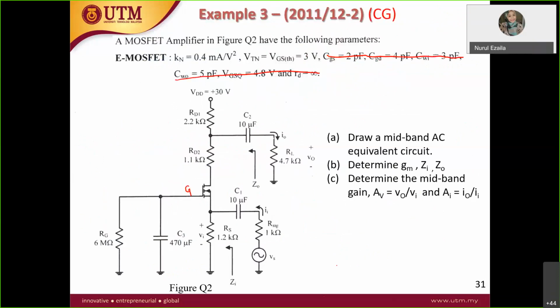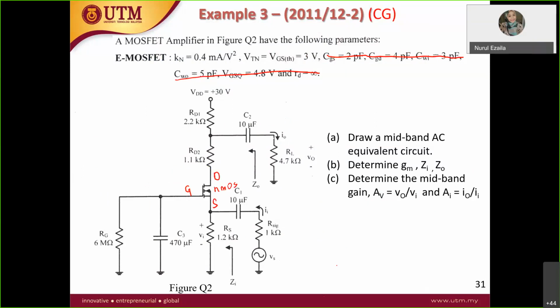How do you define whether this is common gate or not? Like this: you have to put the sign of your gate, drain and source. Since the current is pointing in, therefore this is an NMOS. Where is the input?